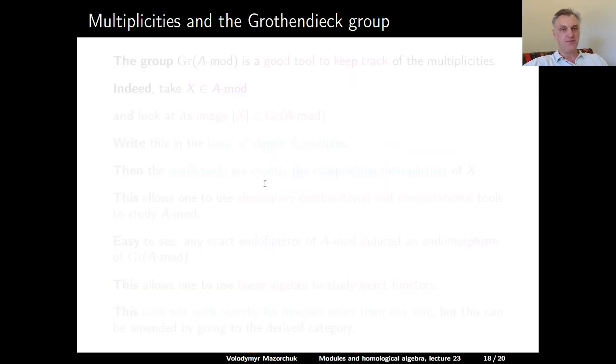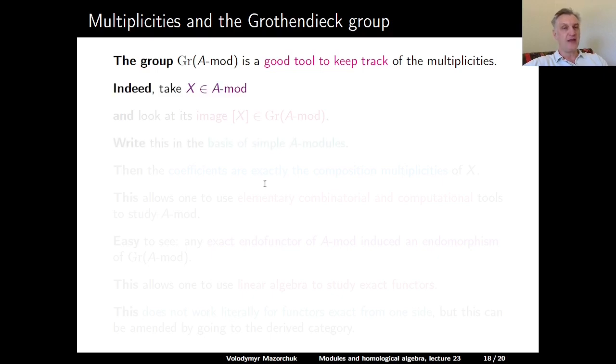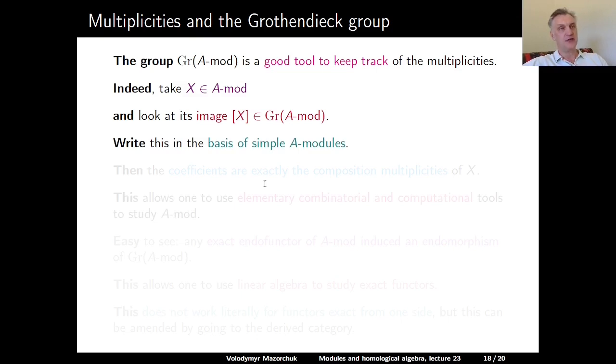Why is this interesting? It is interesting because the Grothendieck group of A-mod is a very good combinatorial tool which allows one to keep track of the composition multiplicities. Indeed, if X is an object in A-mod, we can look at the image of X in the Grothendieck group. And so this is an element of the Grothendieck group, and this Grothendieck group is a free abelian group with a distinguished basis of simple modules.